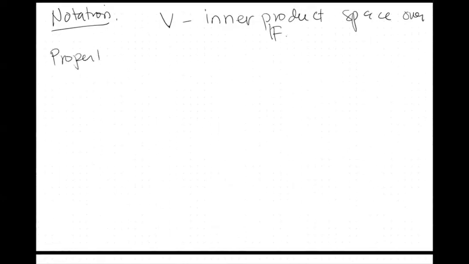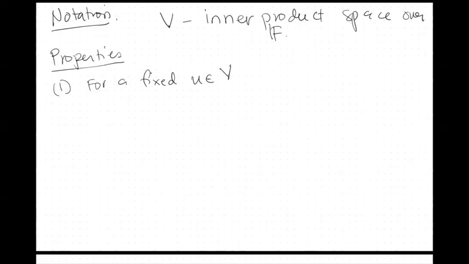Properties of inner products. Number one, this is an abstraction of what we had earlier in R^n and C^n.